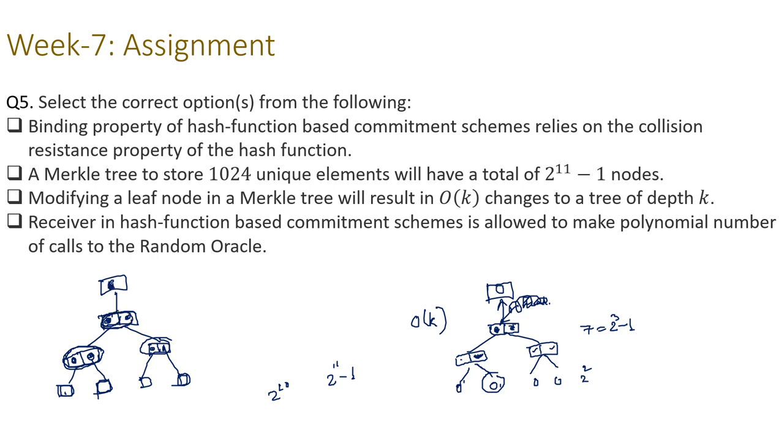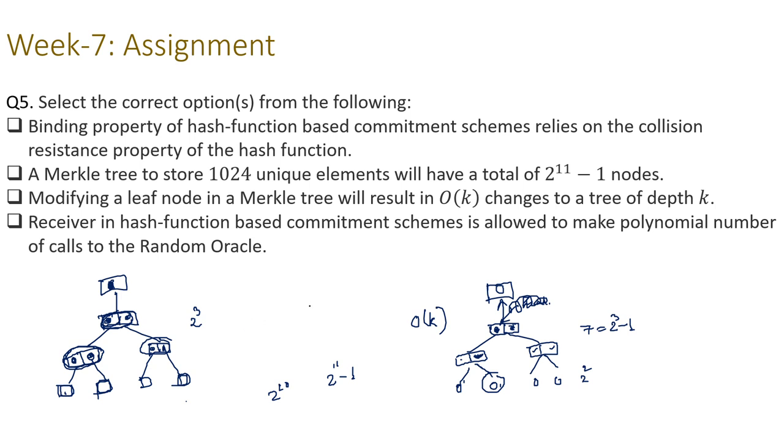Okay, so that is how it makes it 8, right? 1 2 3 4 5 6 7 8, 2 to the power 3. I think I missed the last node. So finally you have to have a final hash of all the content. These two hashes are different for the left child and right child, and the final hash should be the hash of the content of both these hashes.